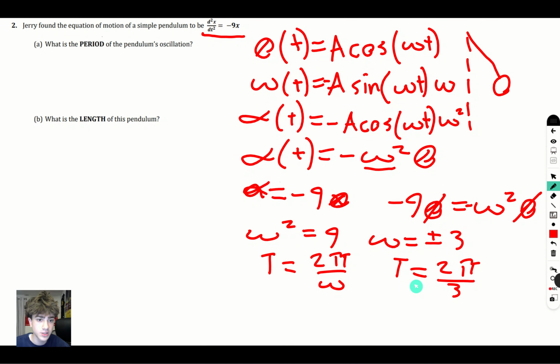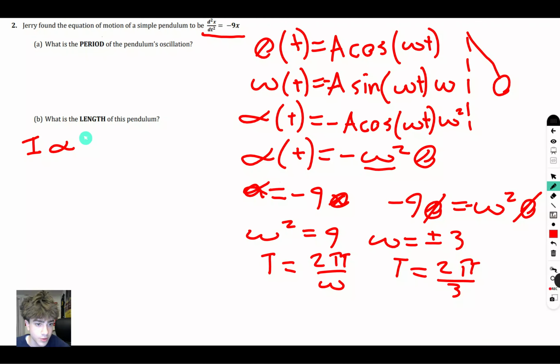So let's move on to part B of the problem, which is asking us what is the length of this pendulum. So from here, looking at this pendulum, we're going to want to write the torque equation for the pendulum. So we know that the force that's causing the pendulum to oscillate is gravity. So let's write the torque that gravity is applying onto the pendulum.